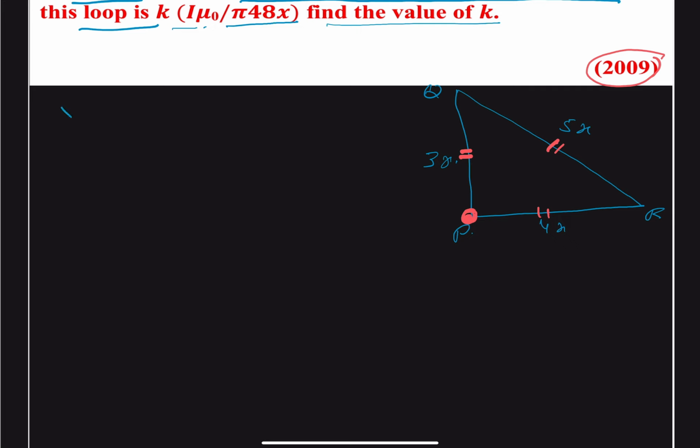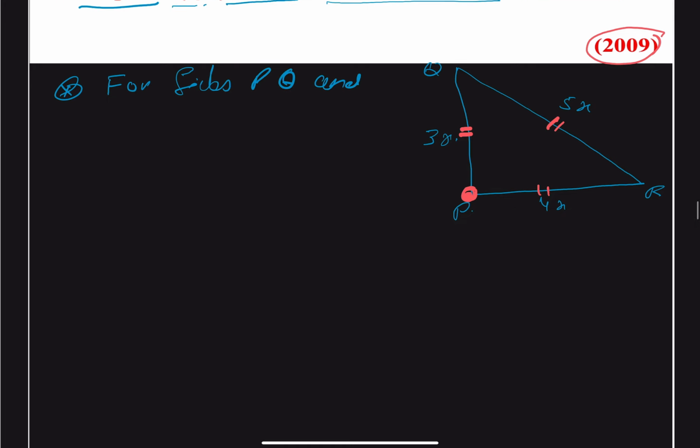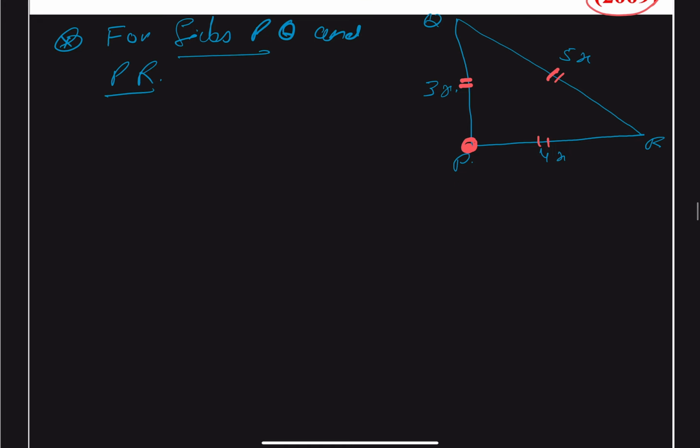So we can say that for sides PQ and PR, point P is at one end of the wire.